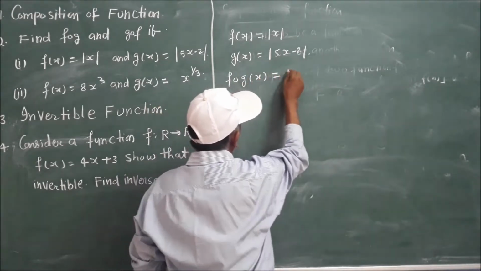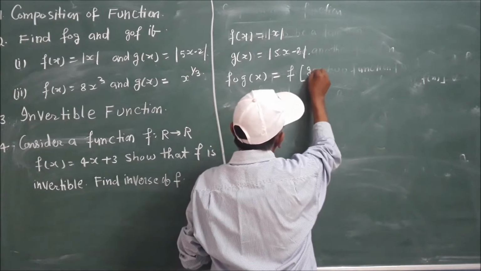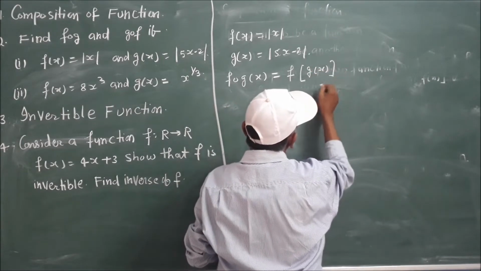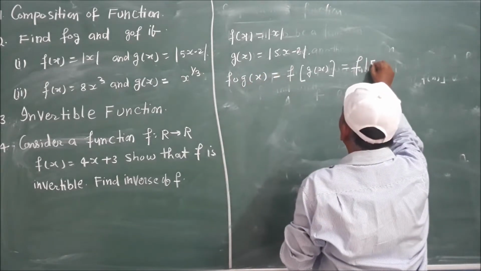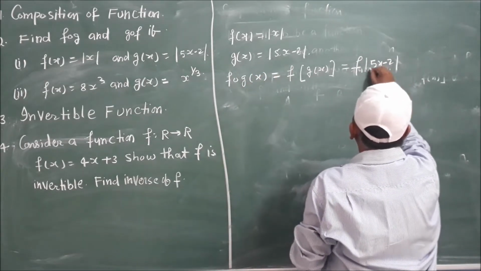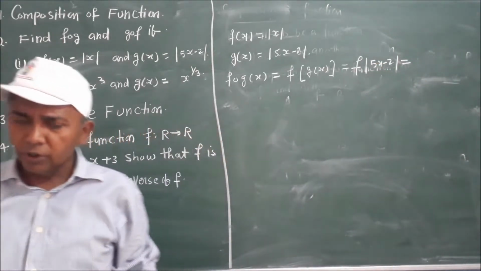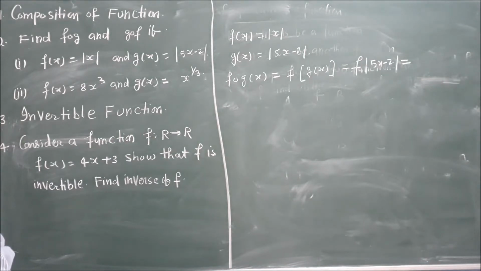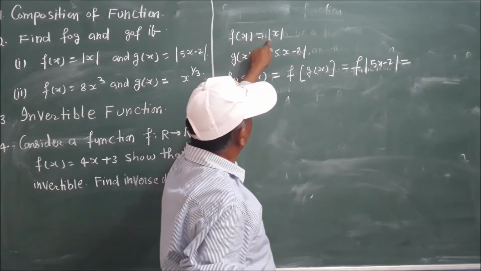So this will be equal to f of g of f x. First delete this and use a big bracket: g of f x can be written as f of g of f x, which is equal to mod of 5x minus 2. g of f x is equal to mod of 5x minus 2, and after that you have to use f of x. f of x is equal to mod of x.